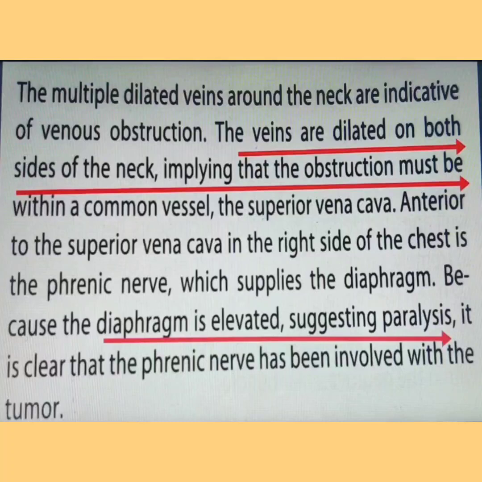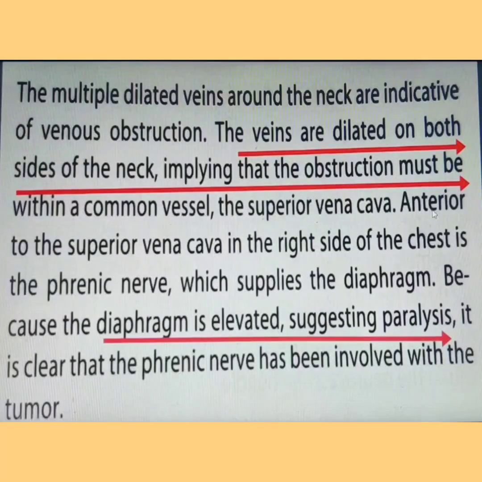So the veins are dilated on both sides of the neck, implying that the obstruction must be within a common vessel. So what is that common vessel? The superior vena cava. So obstruction in the superior vena cava leads to multiple dilated veins around the neck, right?